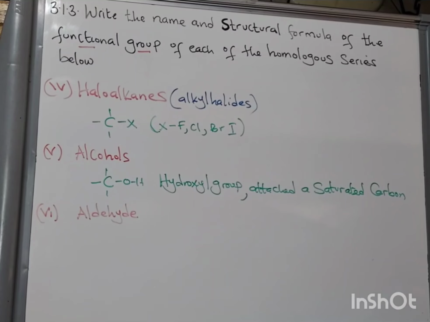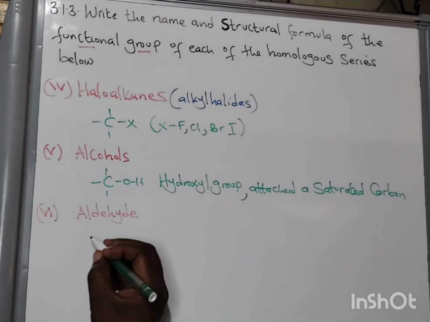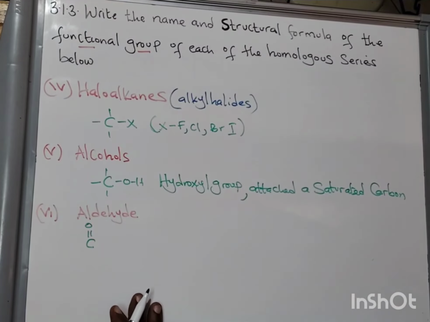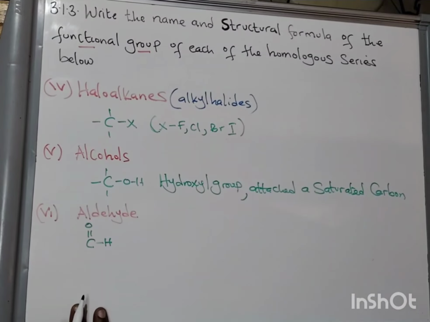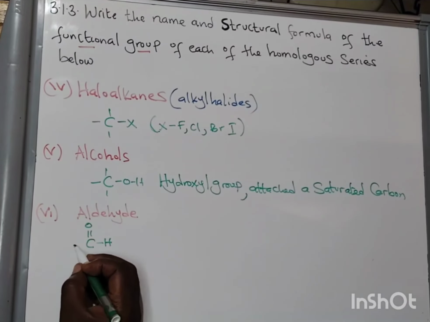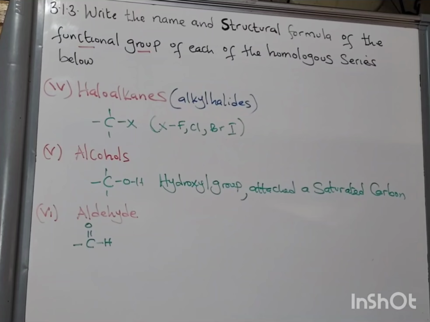Next is aldehyde. Yes, what is the structural formula of the aldehyde? It is a carbon atom attached to oxygen by a double bond. We call it a carbonyl. But at this side, there is hydrogen atom, and that's it.